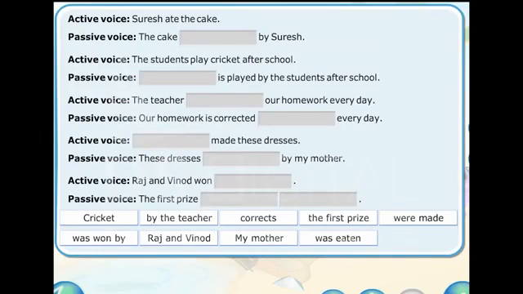Drag the correct word or group of words to each space to complete the sentences in the passive voice.